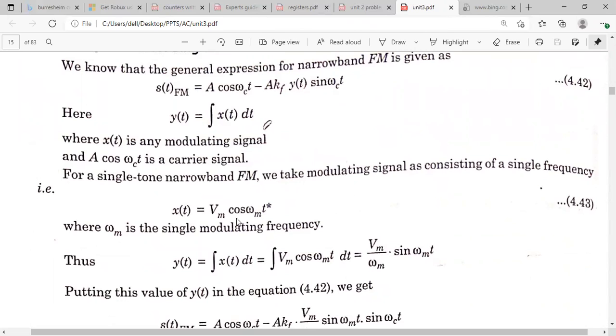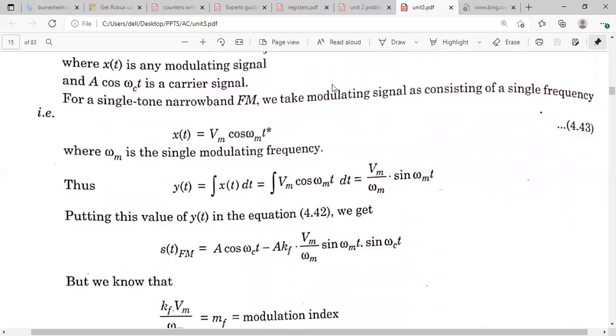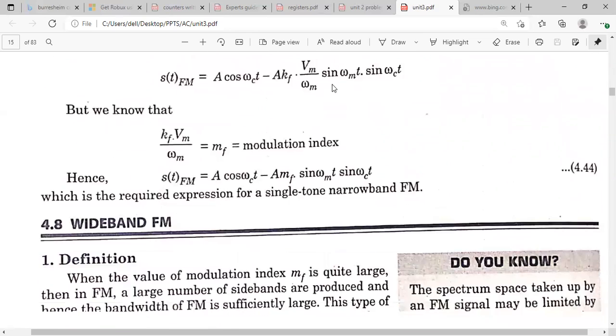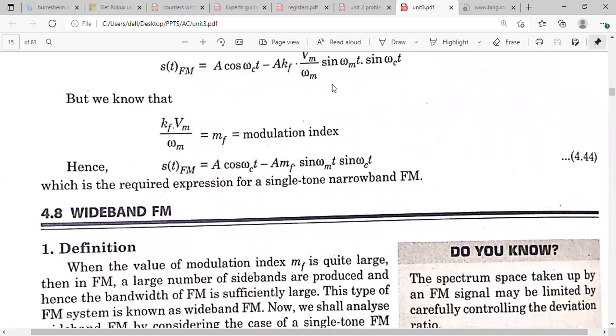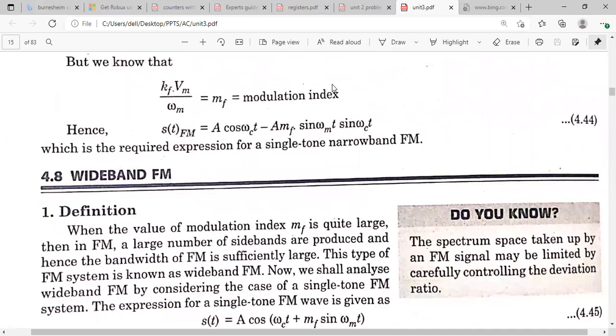Instead of x of t, you write Vm cos omega mt, and after you integrate this term you will get Vm by omega m into sin omega mt. You substitute that here and you will get the modulation index. So you can write A cos omega ct minus A modulation index mf into sin omega ct. That is the standard expression for the single tone narrowband FM.